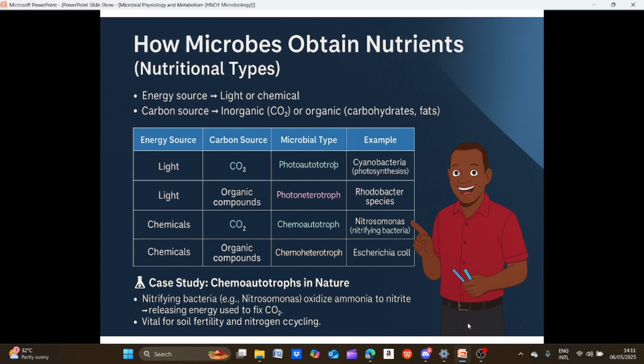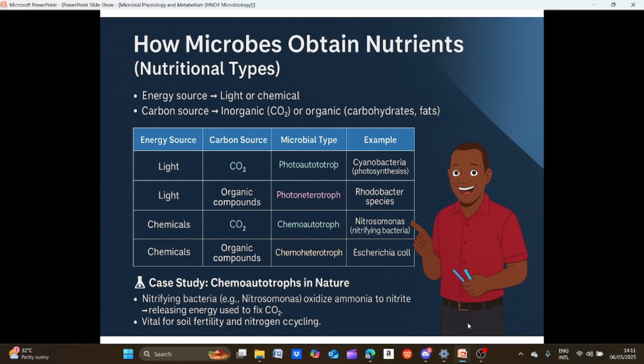An example of this is nitrifying bacteria, which oxidize ammonia to produce nitrate, thereby releasing energy that is used to fix their carbon dioxide. And this is very vital.